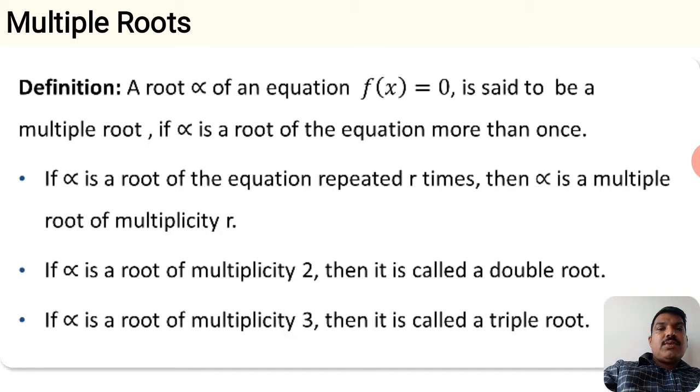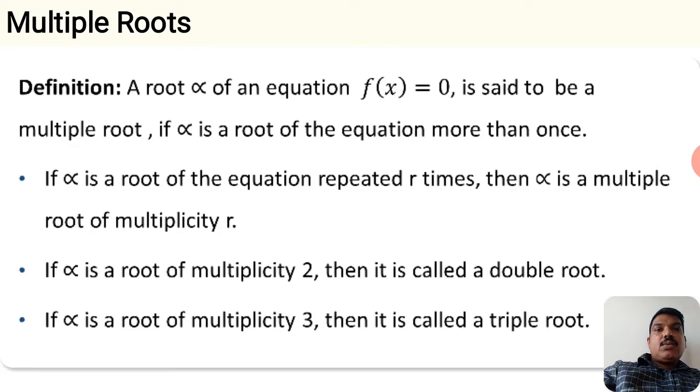Suppose if you take a linear equation, you will get one root. If you take a quadratic equation, you will get two roots. More than one are the multiple roots.